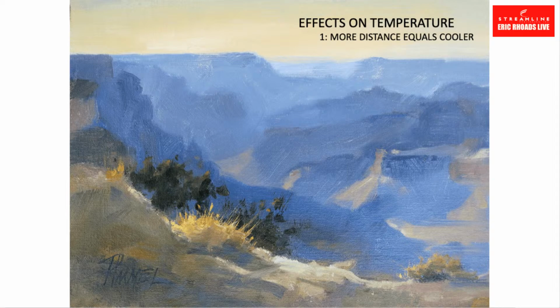What basically happens is that as the yellow drops out and then the red, the appearance is that things get cooler in the distance. I thought this showed that quite well. And again, you can see the yellow in the sky from the pollution. That's a pretty standard thing that people know, that it gets cooler as you move back.